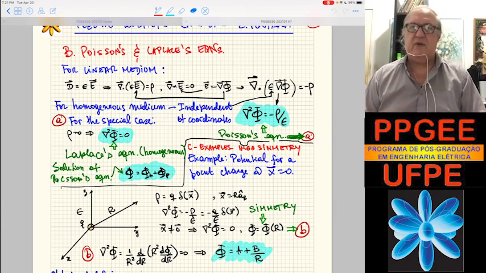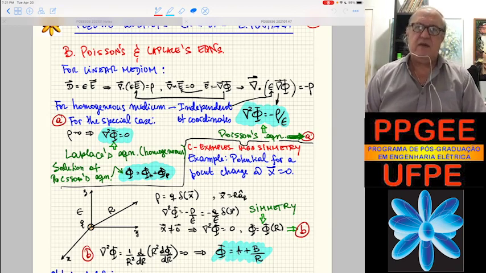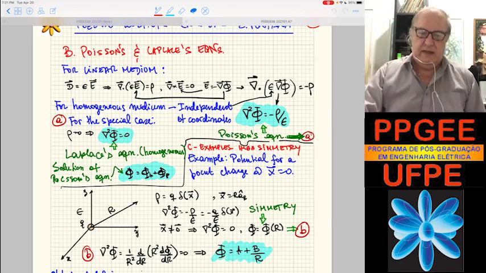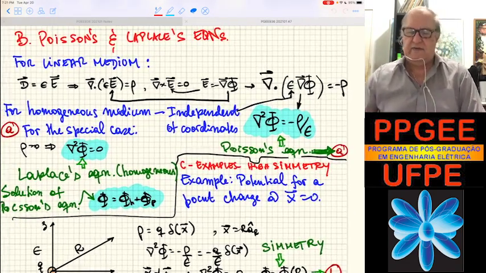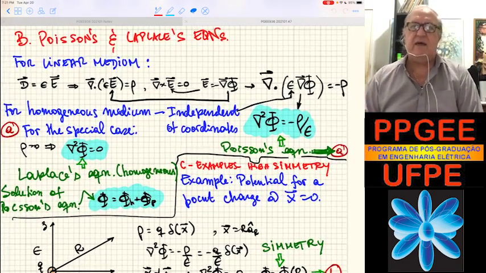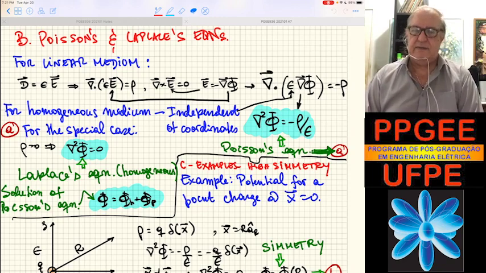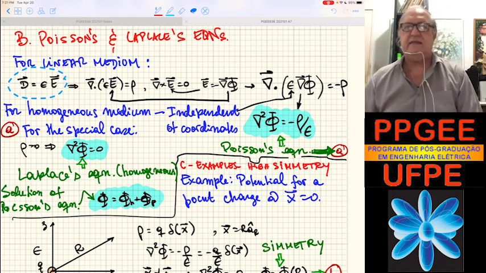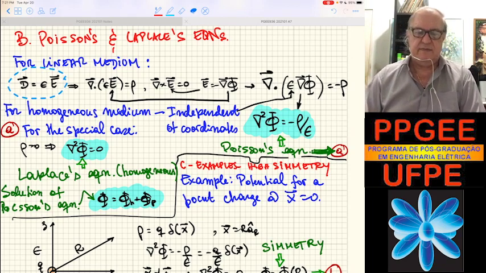You can have a different type of solution. Now we're going to look at the case of linear systems, in which we have a broad class of problems and practical situations. So if we have a linear system, what are Maxwell's equations? For a linear system, D and E are related by the permittivity of the medium.